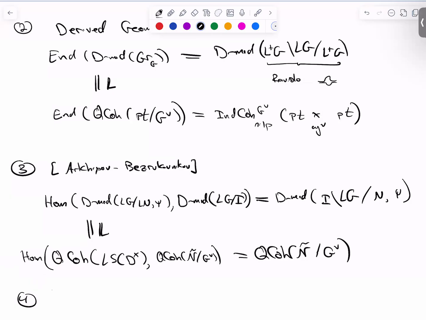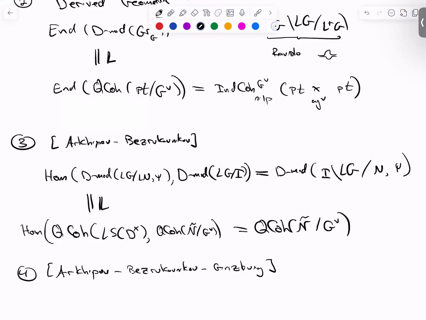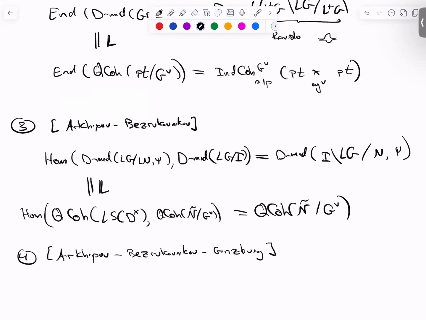Now the ABG, so this will be log 4. This is going to be modding by Iwahori on one side and by positive loops on the other side.